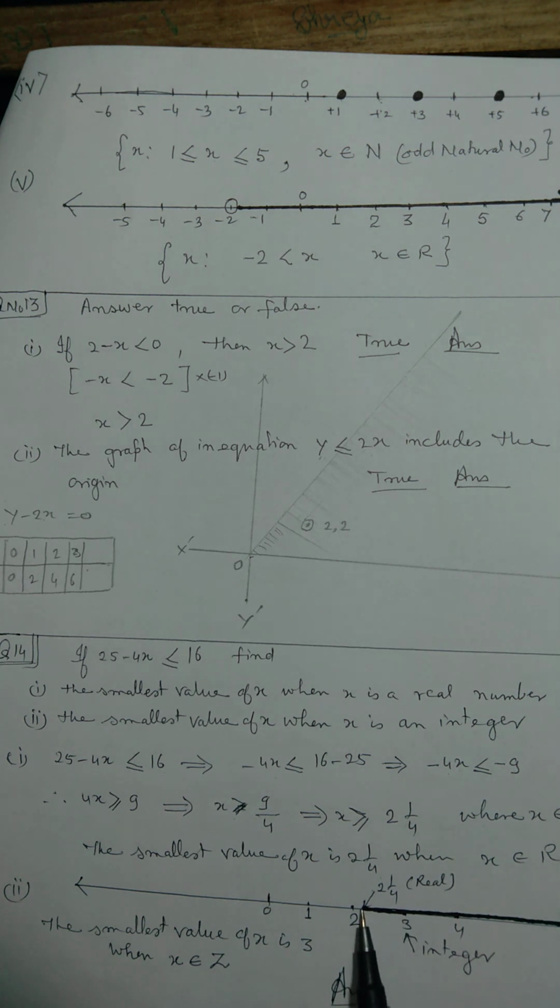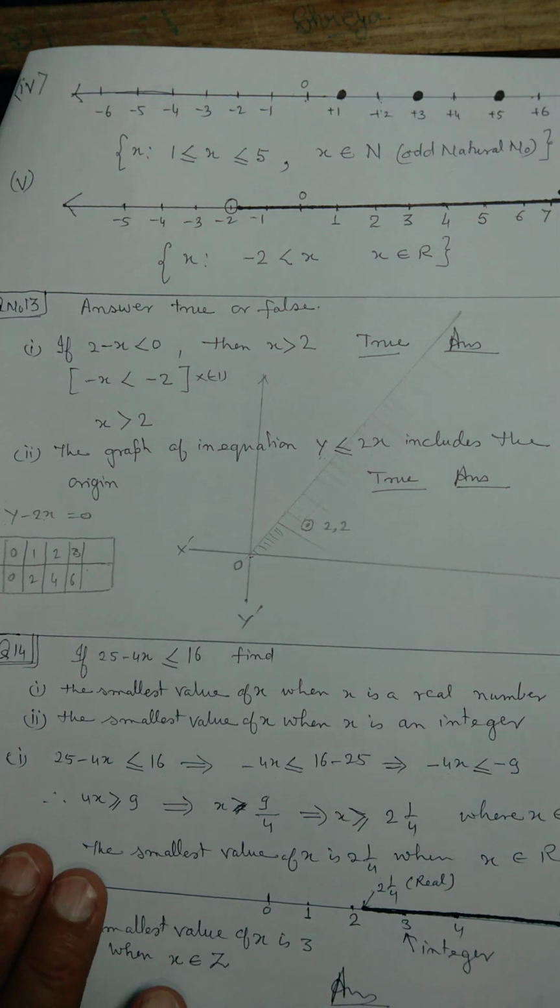As you proceed from 2 and 1 by 4 to the right hand side, you will get the first integer, that will be the smallest integer. So the smallest value of x is 3 when x belongs to integer. This will be the answer of question number 14.